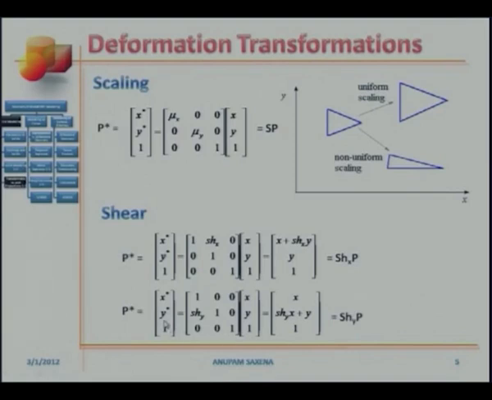Y star will be sh sub y times x plus y. It is the y coordinate that would change. In short, this transformation matrix that shears a point along the y direction is represented by sh sub y. And of course, these transformations act on points P.